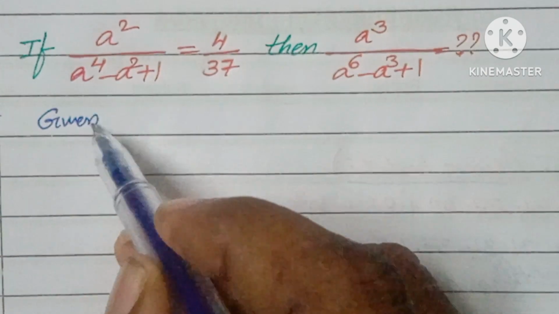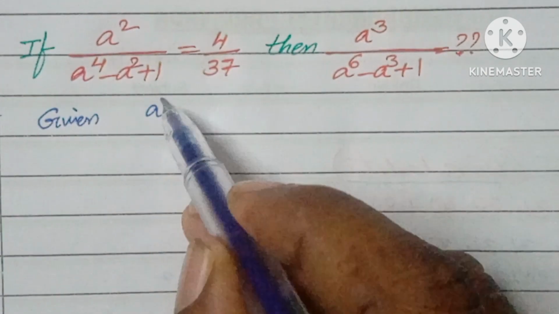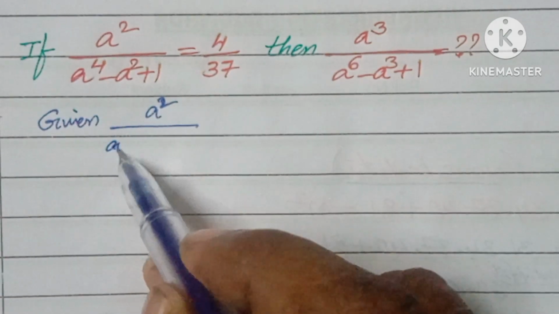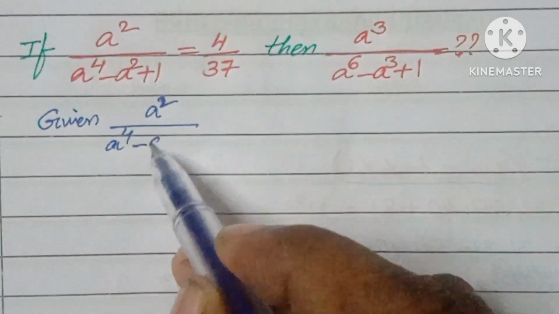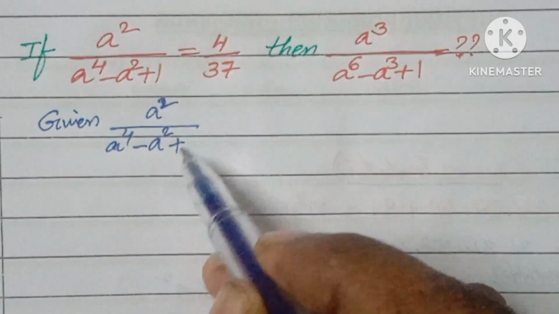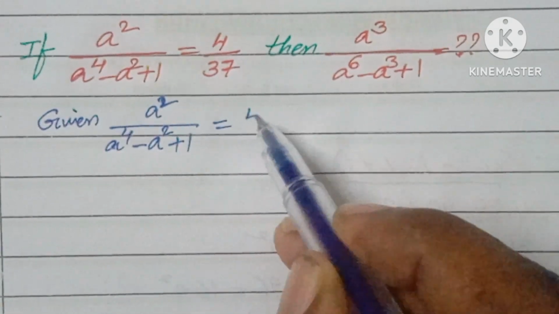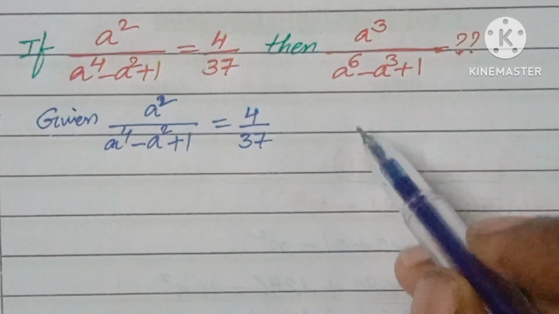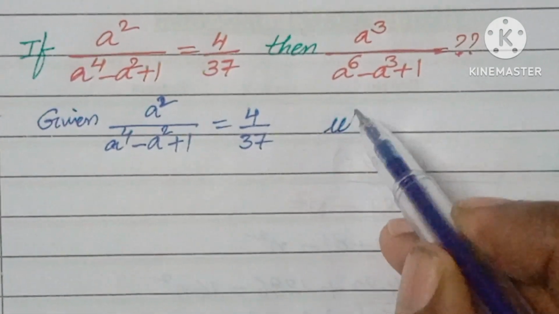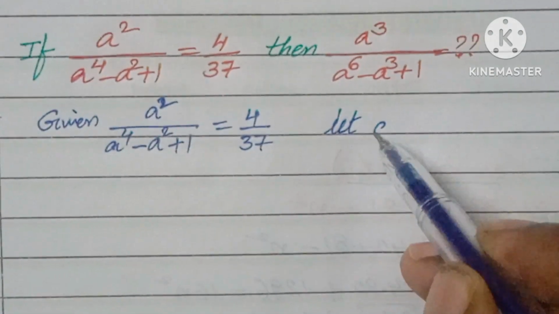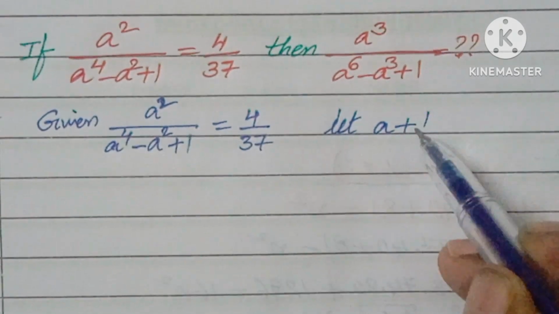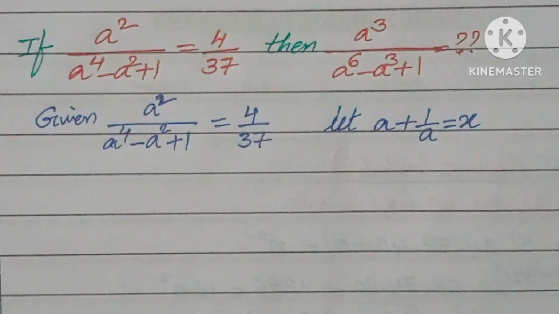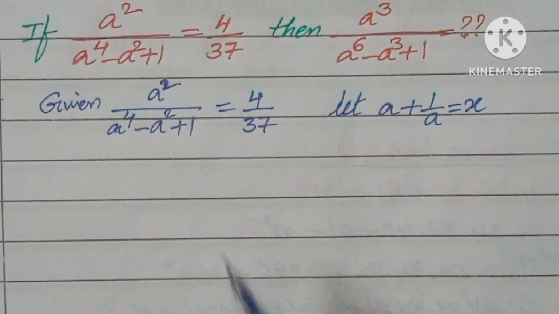So here, first of all, given a square over a to the power of 4 minus a square plus 1 equal to 4 by 37. Let us take a plus 1 by a is equal to x. This we will use afterwards.